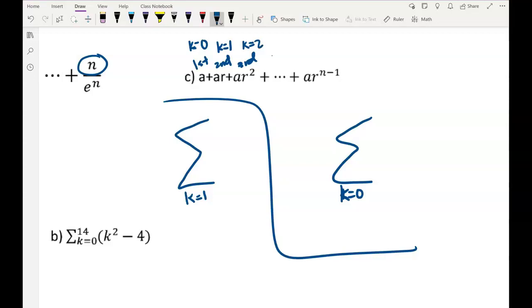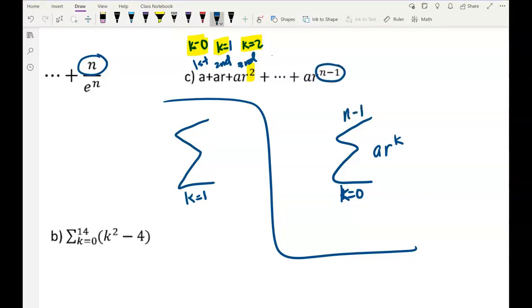Can you guys see that every time we plug in k, the power right here is the same as the k if we are starting at k equals 0? So a is always constant, so I'm going to keep that. But the variable r changes its power every time I plug in k. So you guys can see that I can just use that as my answer. Now where do we stop? We stop right here. So n minus 1 is where we're stopping.